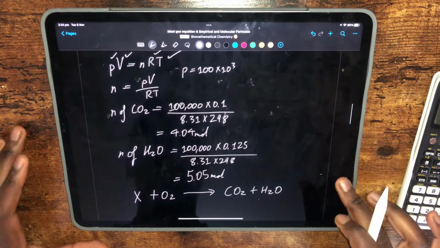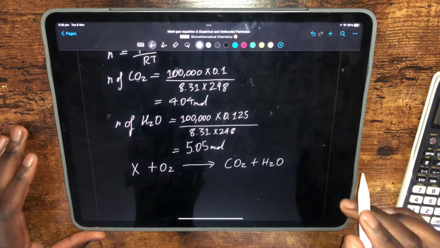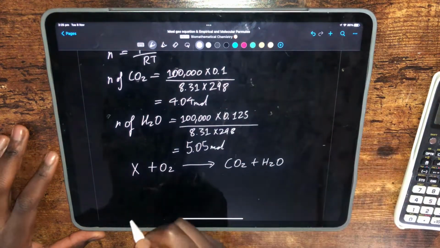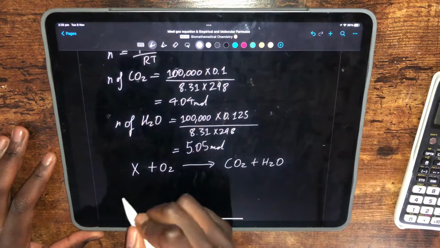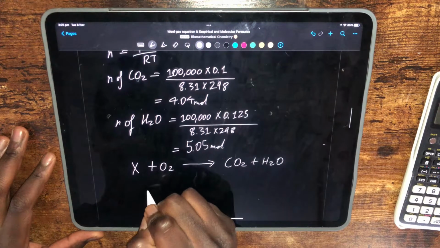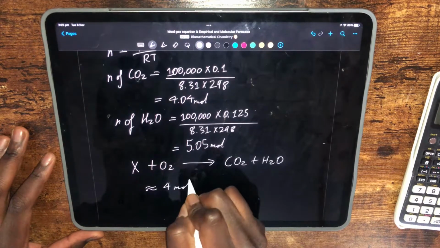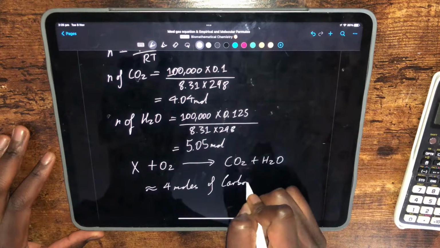There are 4 moles of CO2, which means there's the same number of moles of carbon, as there's only 1 carbon atom in CO2. So there's approximately 4 moles of carbon in our alkane.